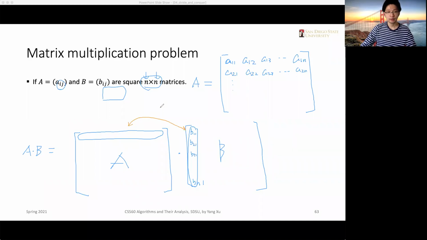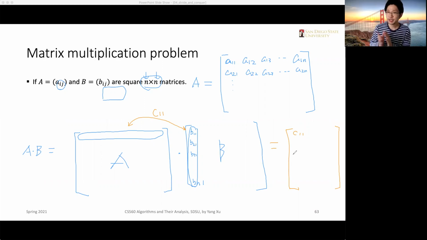Okay, and the result is what we called C11. Okay, and we need to put that C11 into the first element of the resulting matrix.